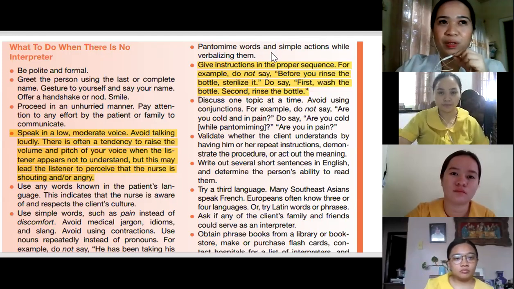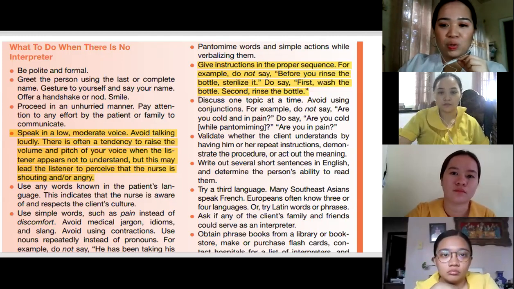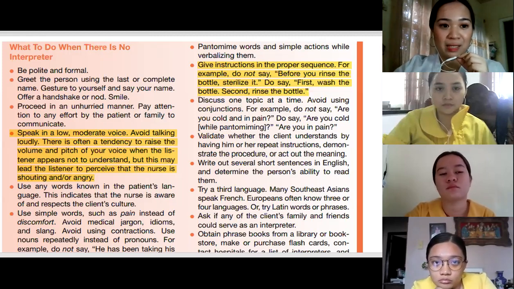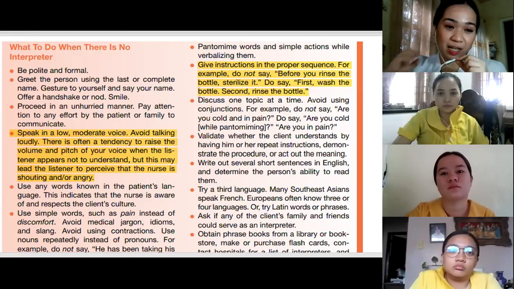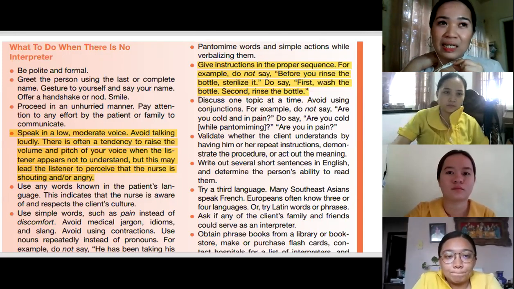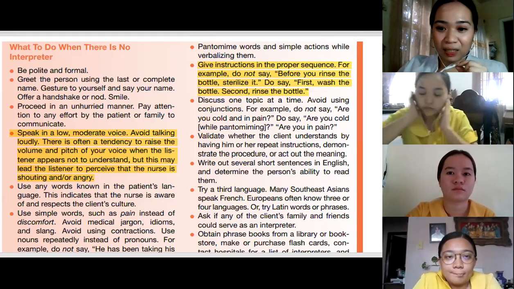Kung manonood ka ng Grey's Anatomy, marami silang mga episode doon na meron silang pinapakita ng mga certain situations that you have to step up as a TCN, as a transcultural nurse. I remember there's an episode na there was a Chinese lady na hindi siya maintindihan ng mga characters.